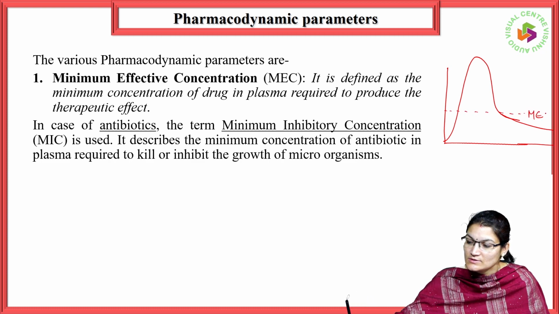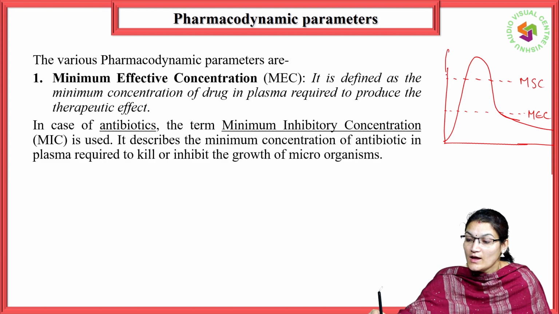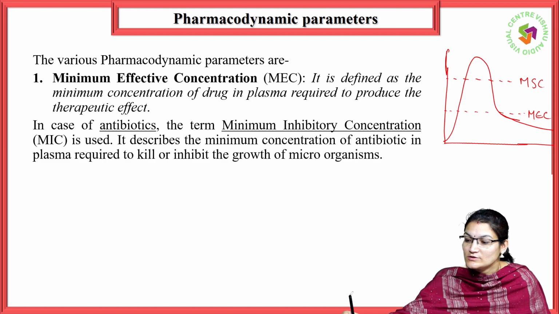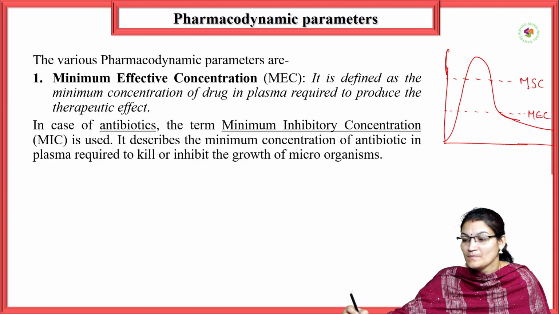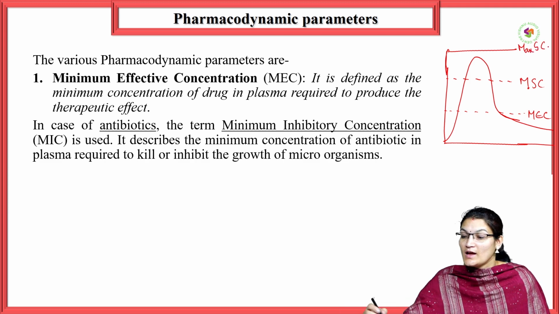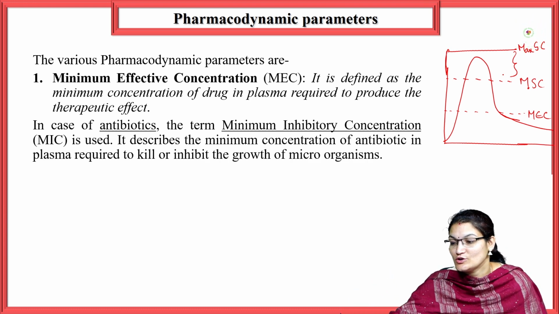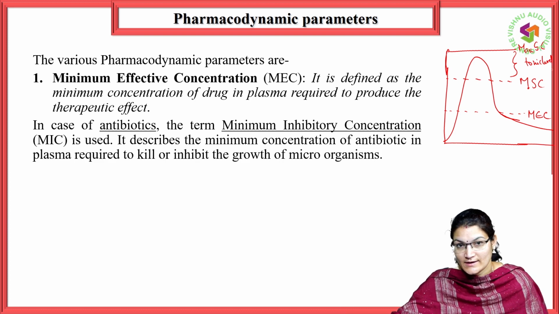Let us assume this as minimum effective concentration and this as maximum safe concentration. Minimum safe concentration, sorry, this is minimum safe concentration. And the Cmax should not go beyond maximum safe concentration. And from maximum safe concentration to minimum safe concentration, you have a word called toxic level.